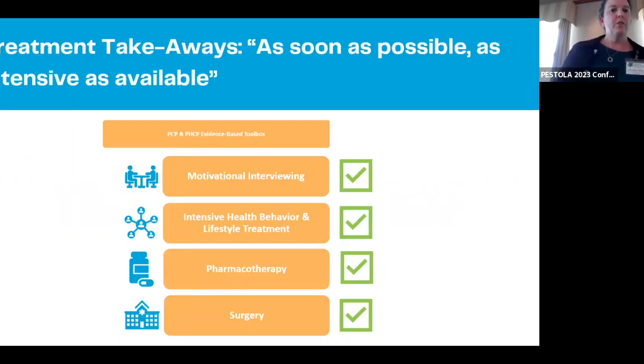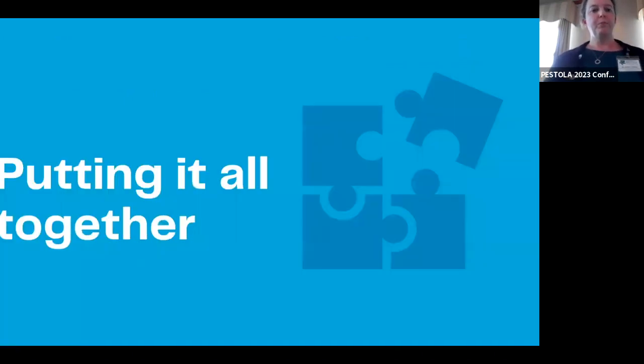So the takeaways here are that we have different levels of treatment options, including motivational treatment, intensive lifestyle, pharmacotherapy, and surgery, and utilizing what works best for that patient. And we want to do treatment as soon as possible and as intensive as possible.